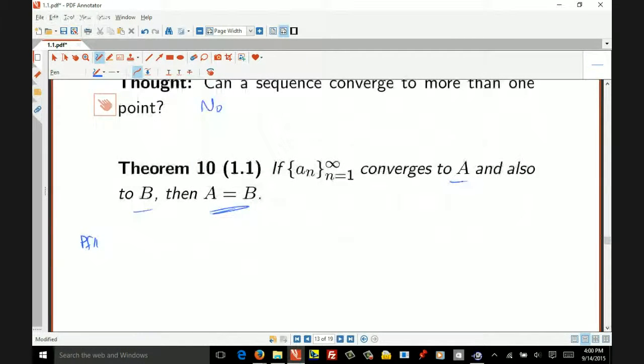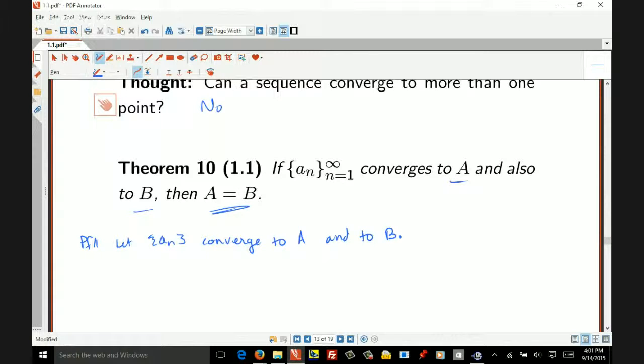So let's run through the proof of this one. What's the hypothesis? Let the sequence converge to A and to B. So that means that here we're applying convergence, so I get to choose epsilon in this case.